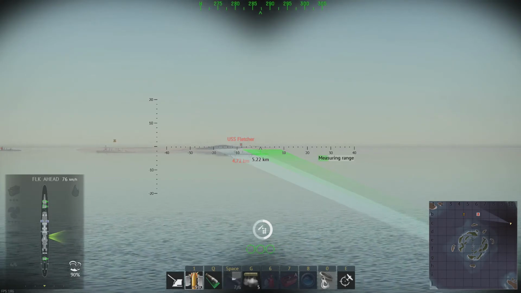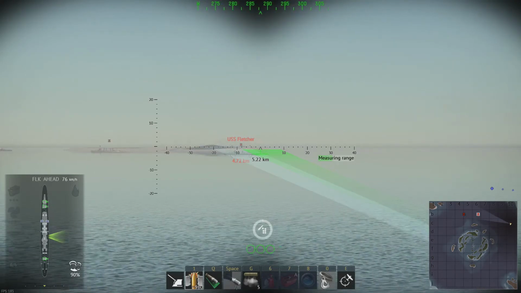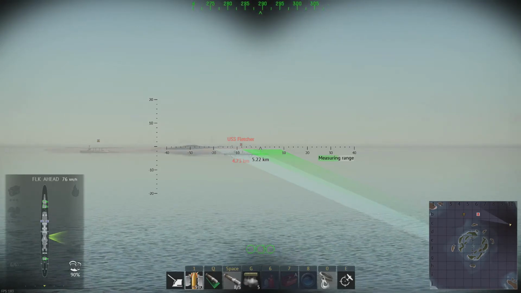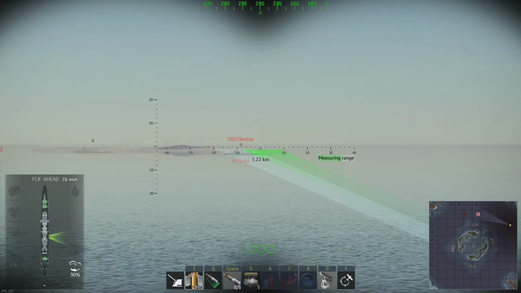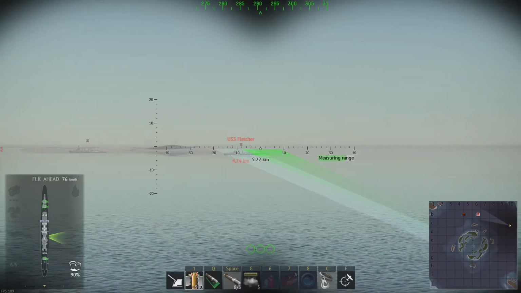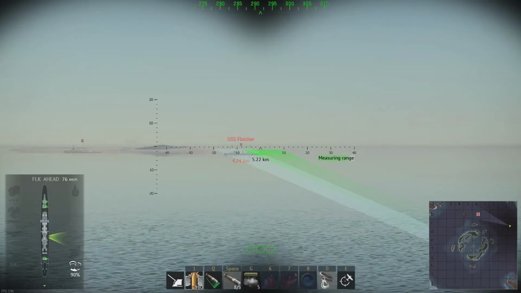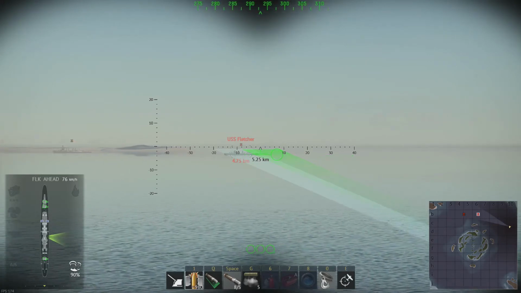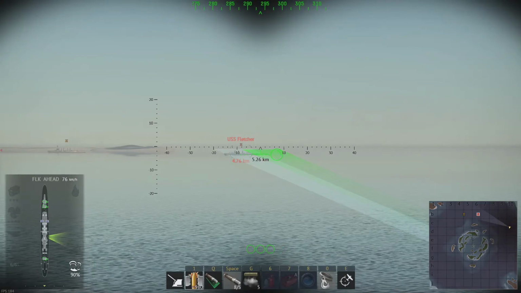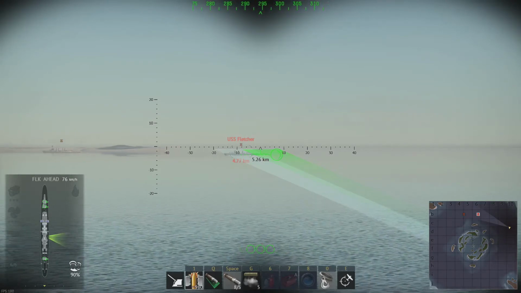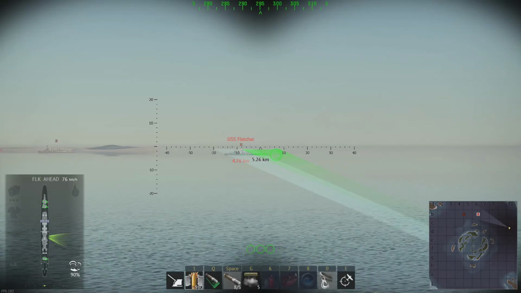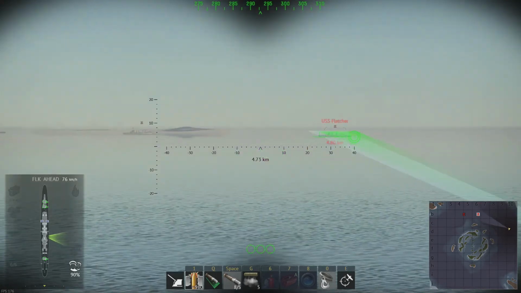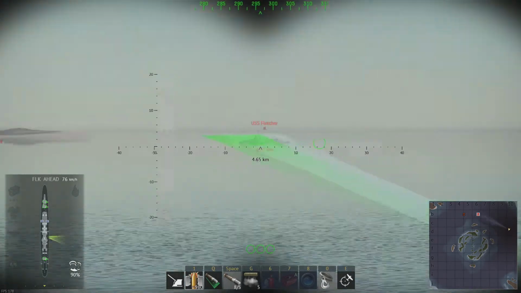So it should take about, let's see, 4.72 divided by 91 kilometers an hour. So it should take about 3 minutes and 7 seconds or 6.6 seconds to get to that target right here.